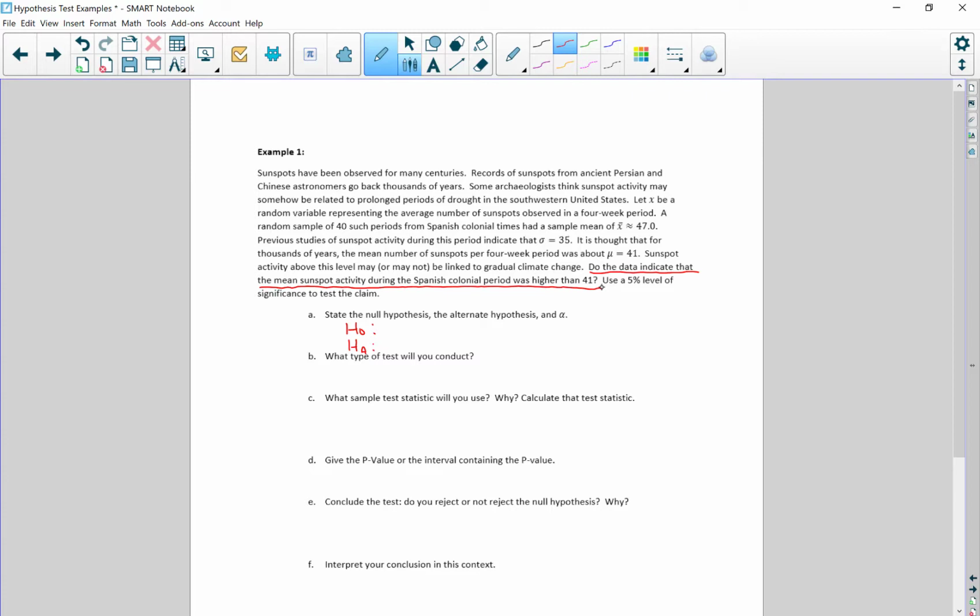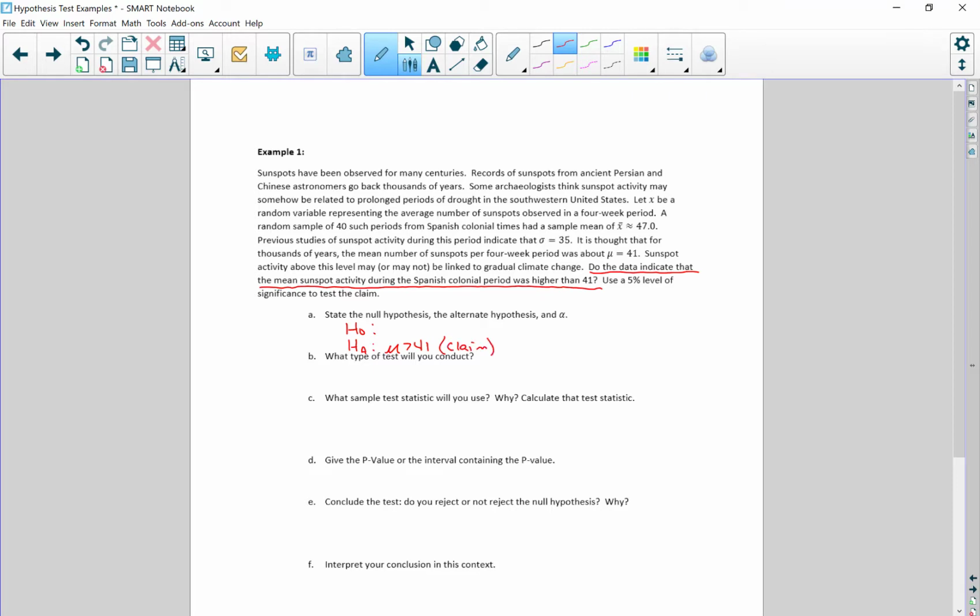So higher than 41 tells us mu is greater than 41 is the claim that we're trying to test. Because this has the inequality, no equals in there, this is going to be our alternative hypothesis. So mu is greater than 41 is the claim we're trying to test.